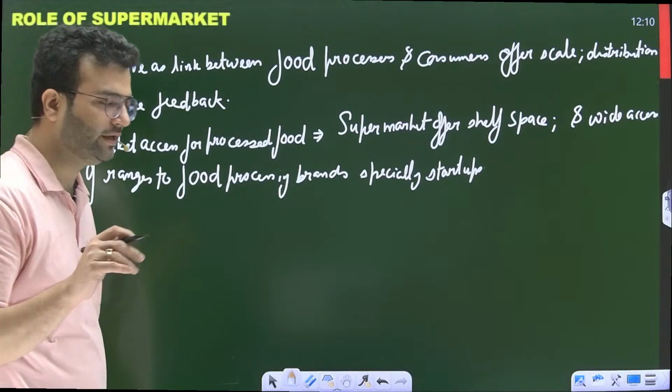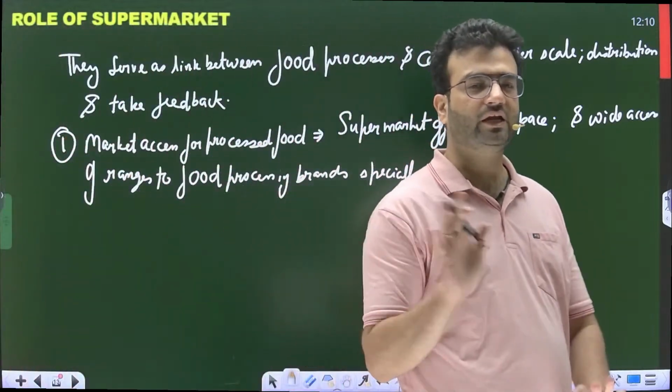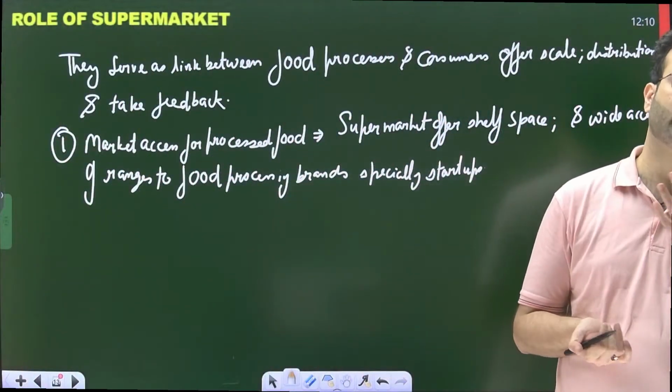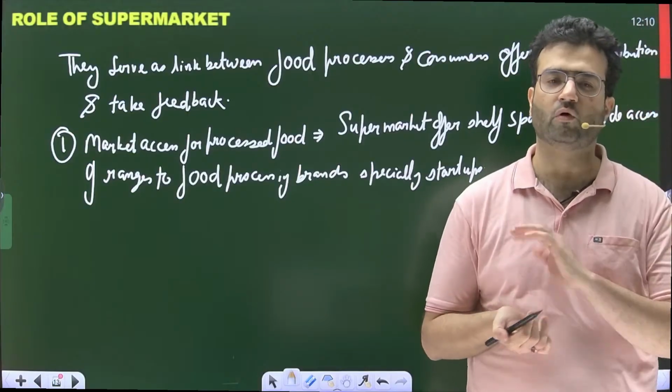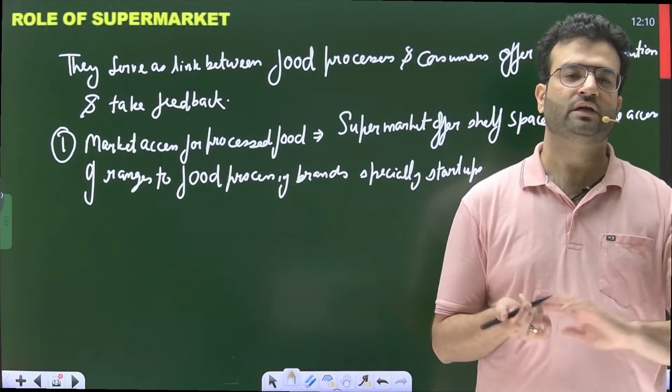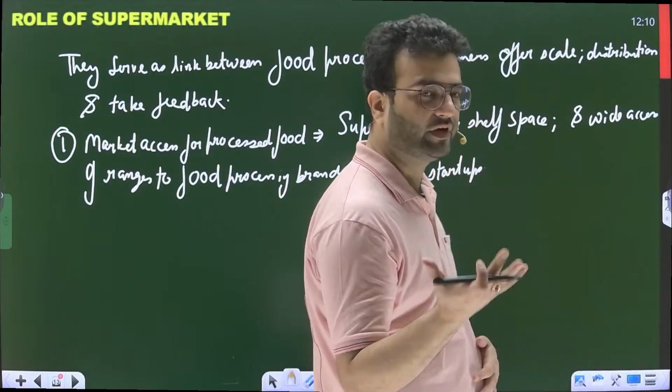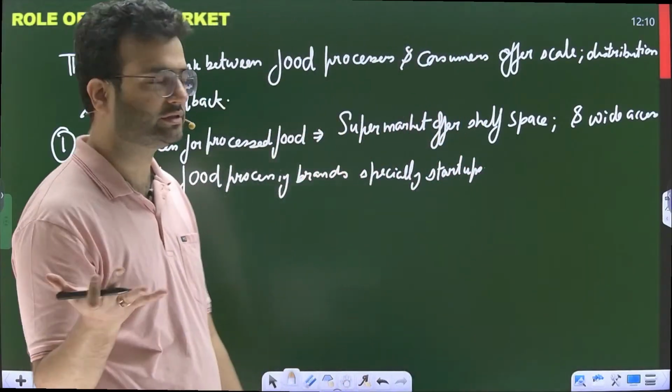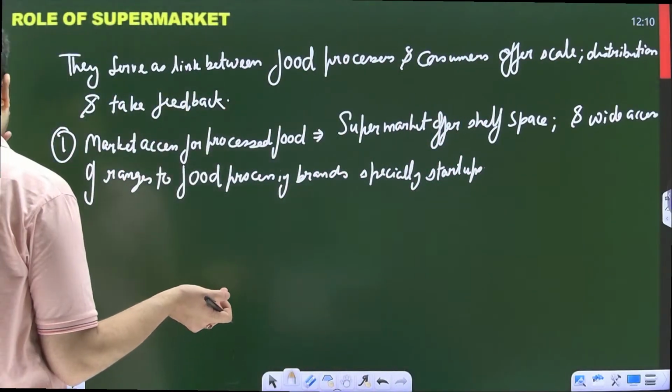If you go to DMart, you will see there are many new grocery products like flour, cleaners, and different types of ketchups, jam, sauces. So they offer different things to them.